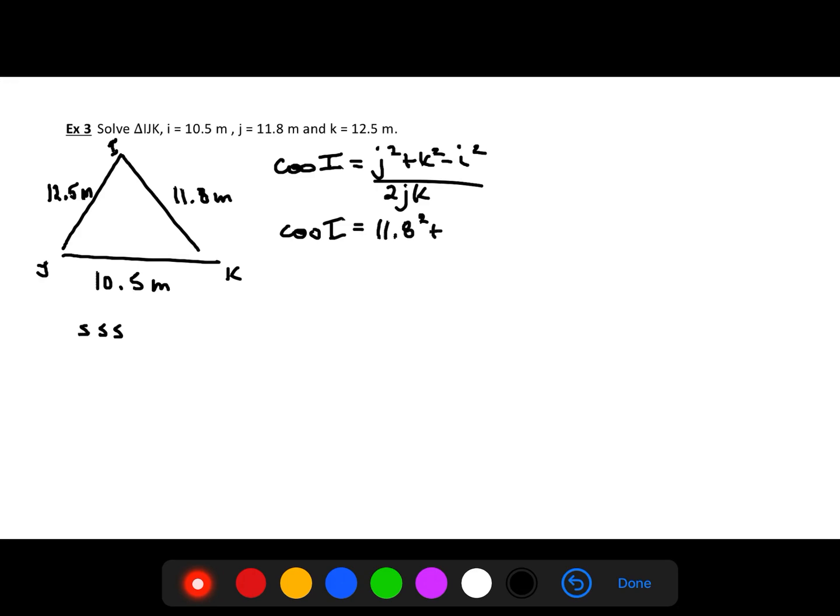And subbing in our numbers, j is 11.8, k is 12.5, and I is 10.5.